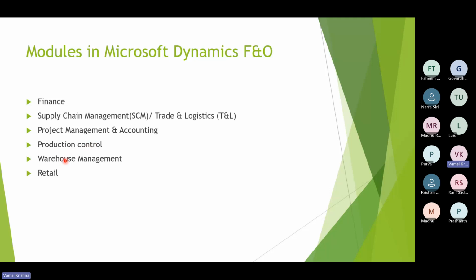Warehouse management is to track their stock based on the warehouse, or advanced warehouse management. Retail is what you see in stores like Reliance Retail and Tata Star Bazaar; these all will be using the retail module. So these are the 6 types of modules we have.